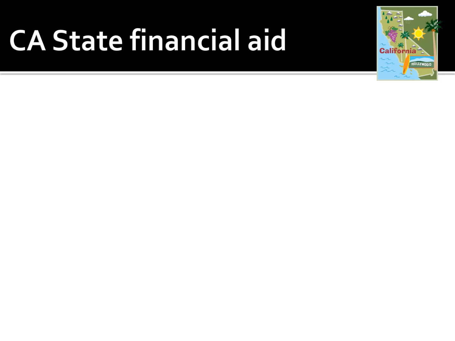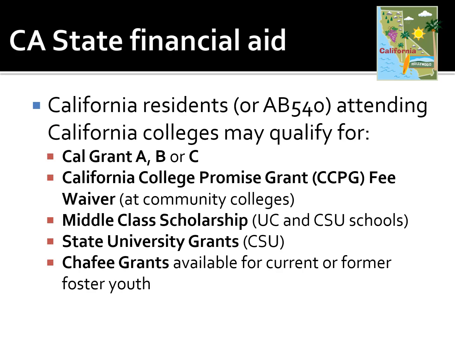So California state aid. This is for California residents or also AB 540 status students attending a California college. These students may qualify for Cal Grant, the California College Promise Grant fee waiver at community colleges, which waives the enrollment fees, middle class scholarships if attending a UC or CSU, state university grants if attending a CSU, and Chafee grants are also available for former or current foster youth.